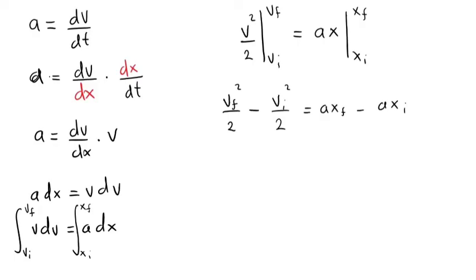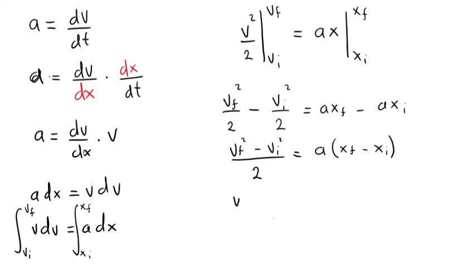On the left hand side, we can see that the 2 in the denominator is common, so we can just have it as a common denominator like that. So final velocity squared minus initial velocity squared, all this is equals to a times x final minus x initial. I've just factored out the a.